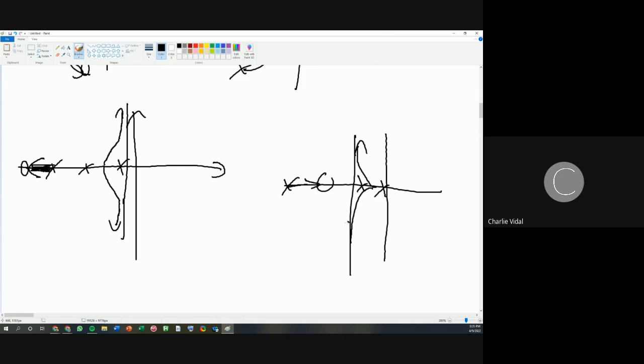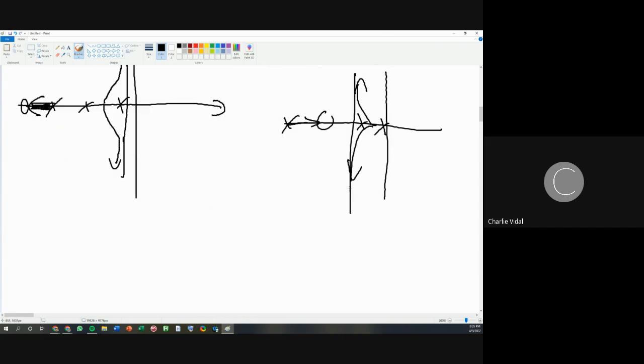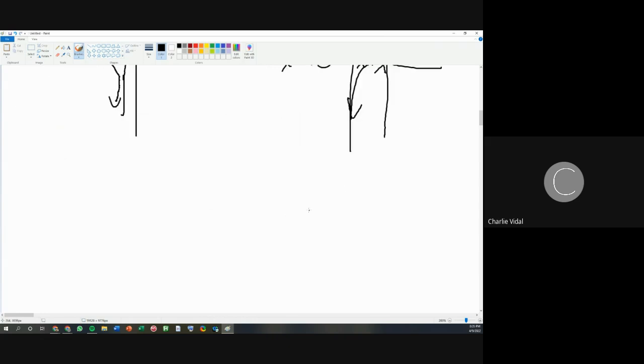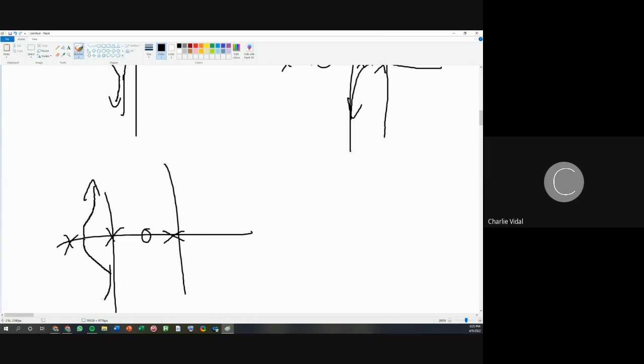I'm not just making up x's and o's. He gives you where the x's and o's are, and you have to figure out what to do with that. And then there's another case where it's something like this. There's an x, there's an o, x, x, and then there's some asymptote somewhere, and then we'll do something like this.